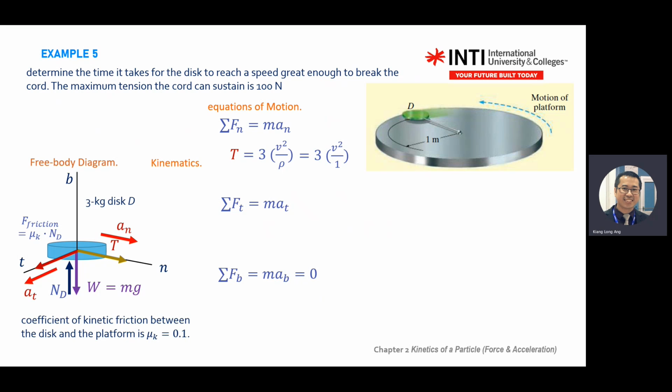So you substitute the values, you have r, which is 1 meter. So you get T equal to 3v squared. You want to find the maximum speed that can break the cord. So for the maximum tension, you put 100. From v squared, you can find the velocity that breaks the tension, and you find the positive value.